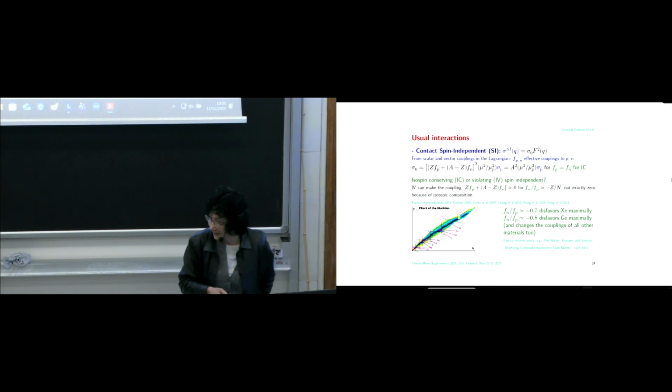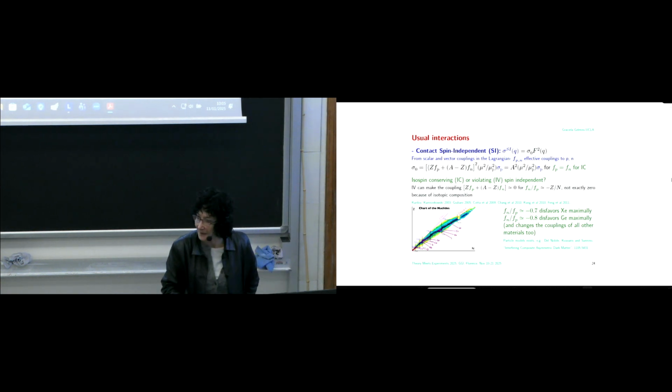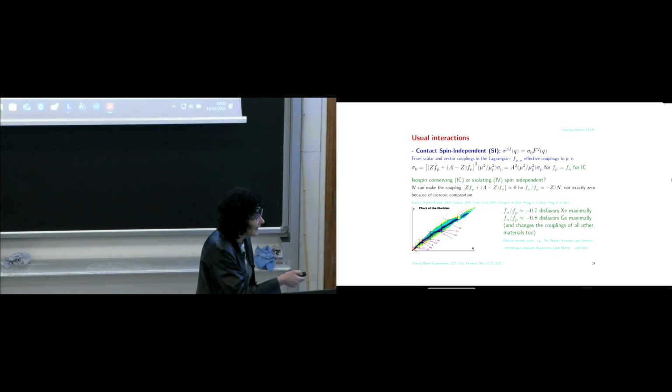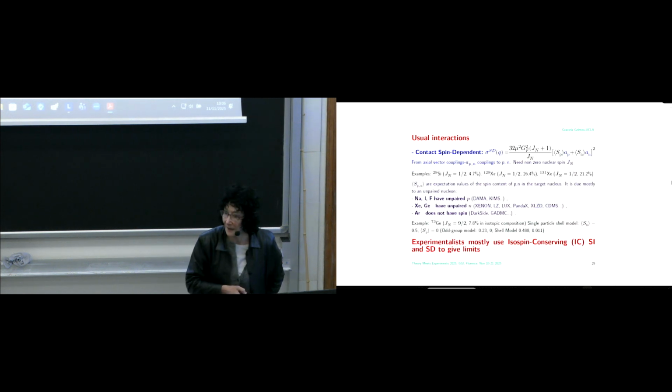However, the coupling is minimal. By picking another ratio, you disfavor maximally germanium, and so on and so forth. This is phenomenologically dictated, and again, there are limits. There are models for this kind of thing, as an example.